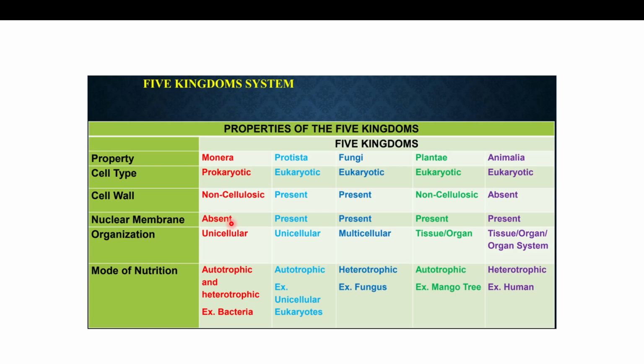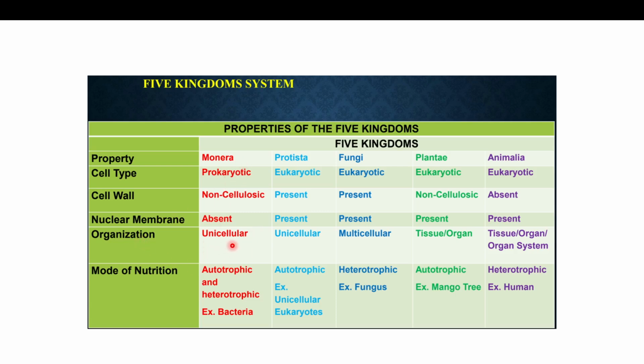They have a nucleoid as compared to a nucleus, which is present in all other organisms like eukaryotes. And another thing is prokaryotic organisms do not have membrane bound organelles, as compared to eukaryotes.